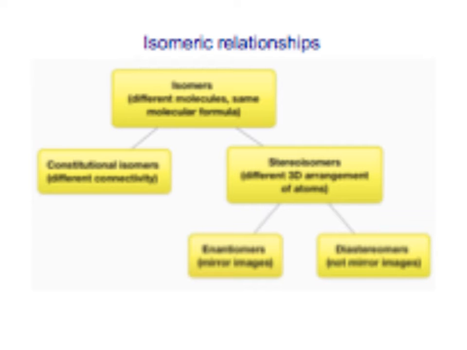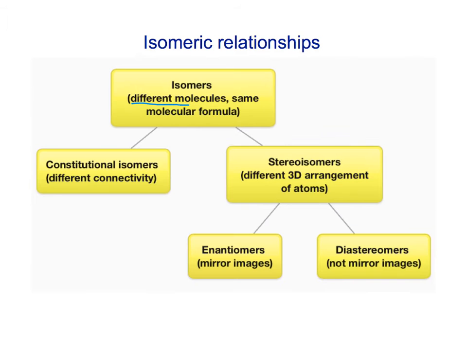Let's start by reviewing the different types of isomers. So remember, isomers are different molecules, but they have the same molecular formula. There are two general classes of isomers. If the difference in the molecules is in their connectivity, if the atoms are connected in a different way, they are called constitutional isomers or sometimes structural isomers.